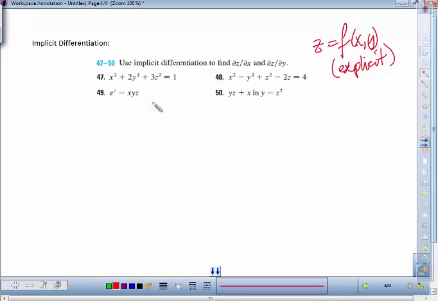And if you can't do that for some reason, whatever the reason might be, it's hard to solve for or whatever, then there's a good chance that this probably won't pass a vertical line test. And so if you want to consider the whole surface, these are surfaces, by the way, then when you're trying to find derivatives and things like that, you have to do things implicitly.